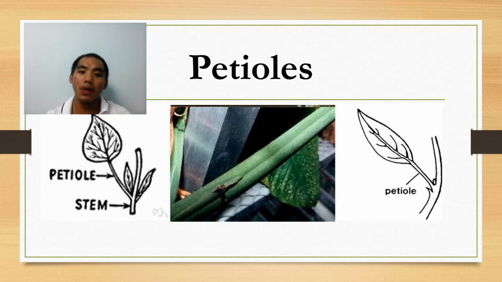Another vocabulary is petals. Petals are the part of a plant between the leaves and the trunk. This is what we call petals.